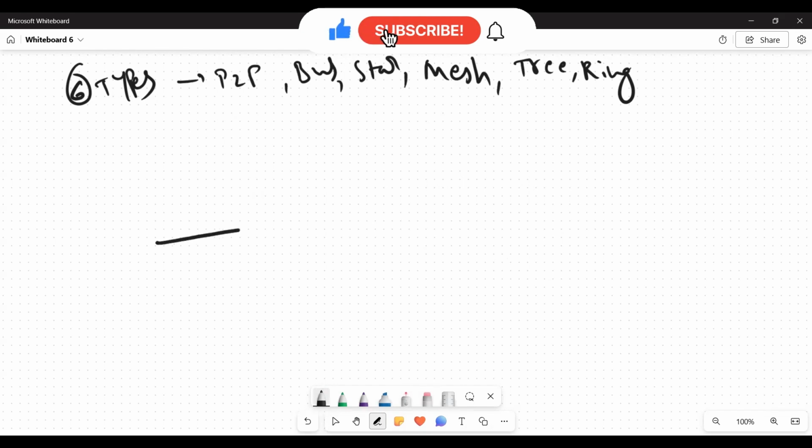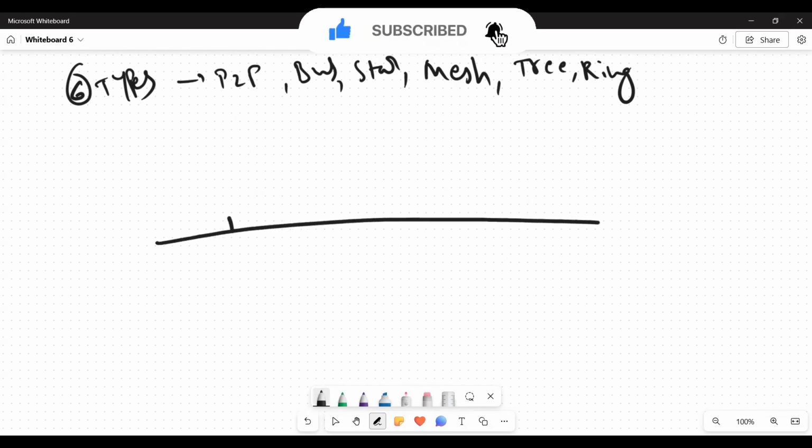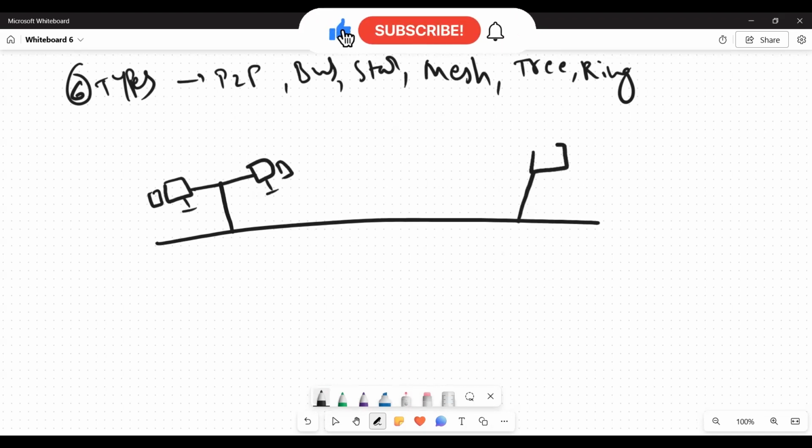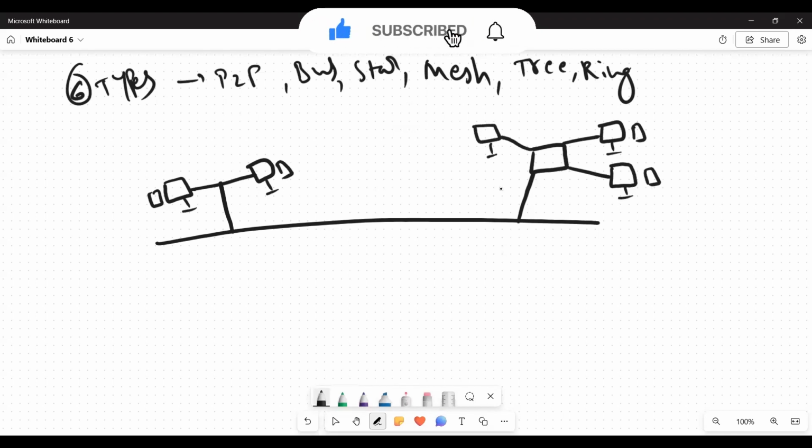So there is a baseline here, and it is connected to a point-to-point device. Okay. And here there is a central server. It is connected to this, and to another server, and to another server. This is a star topology.